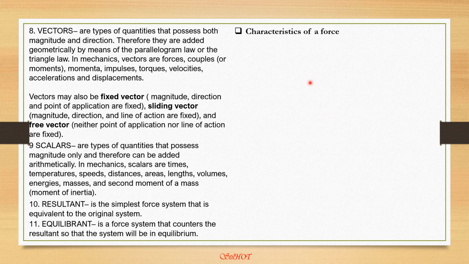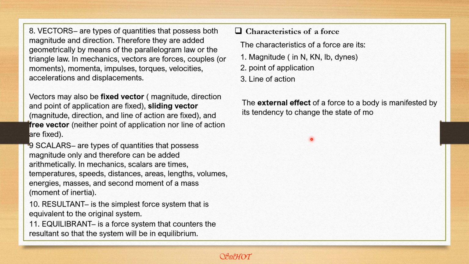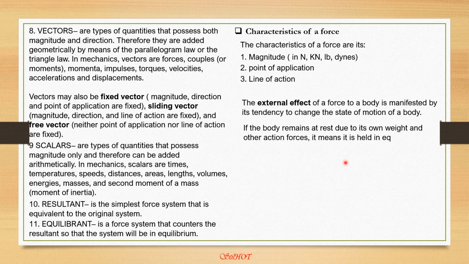Then characteristics of a force. The characteristics of a force are its magnitude, which may be in newtons, kilonewtons, pounds, or dynes, its point of application, and line of action. So those are the characteristics of a force. The external effect of a force on a body is manifested by its tendency to change the state of motion of the body. So as before, if the body remains at rest, due to its own weight and other action forces, it means it is held in equilibrium by the reaction forces.